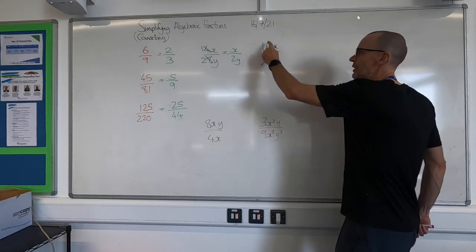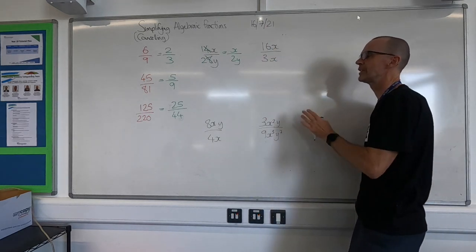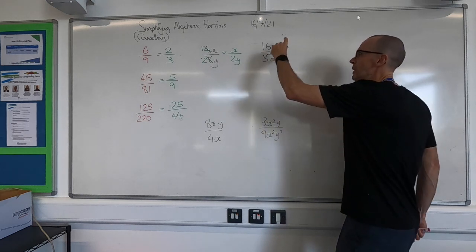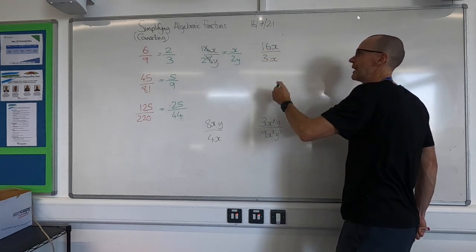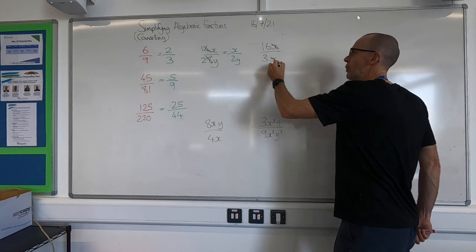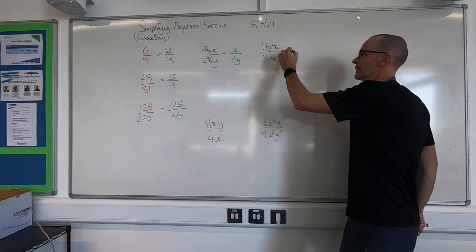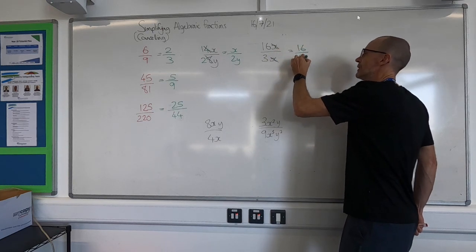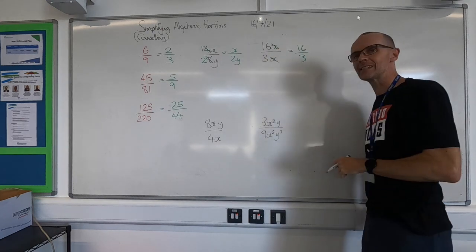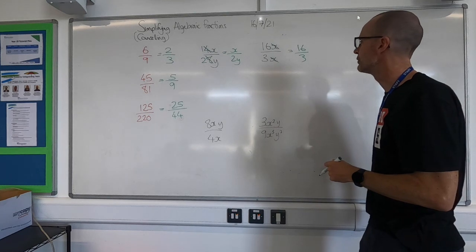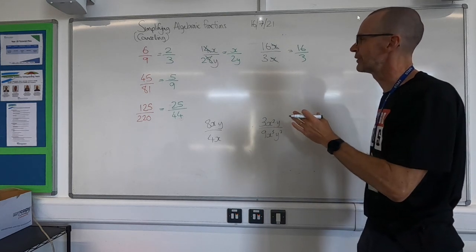So I can't simplify the numbers at all, 16 and 3, but I can divide x by x. If you do x divided by x, you just get 1. And so that would leave me with 16 times 1 over 3, which is just going to be 16 over 3.